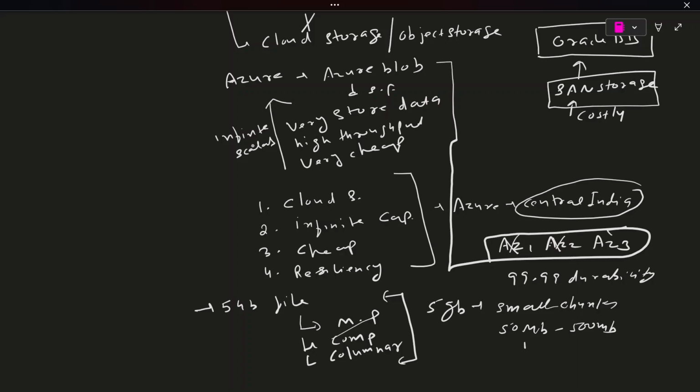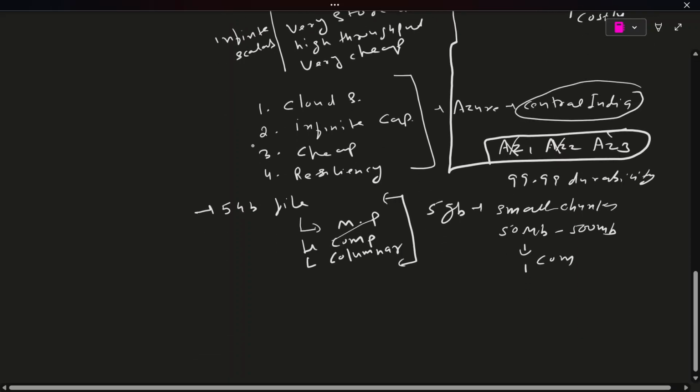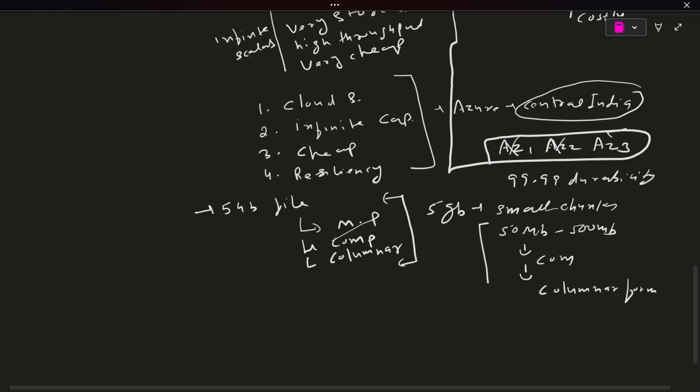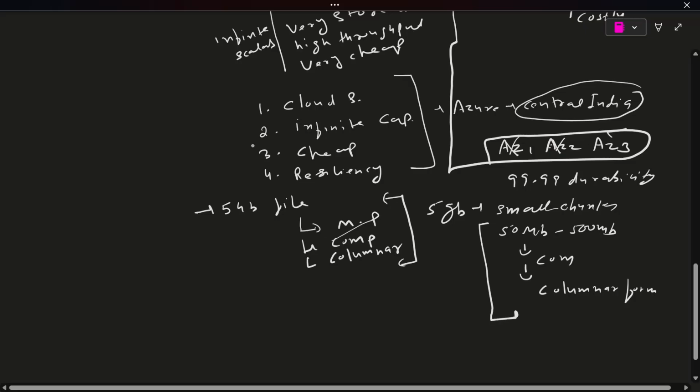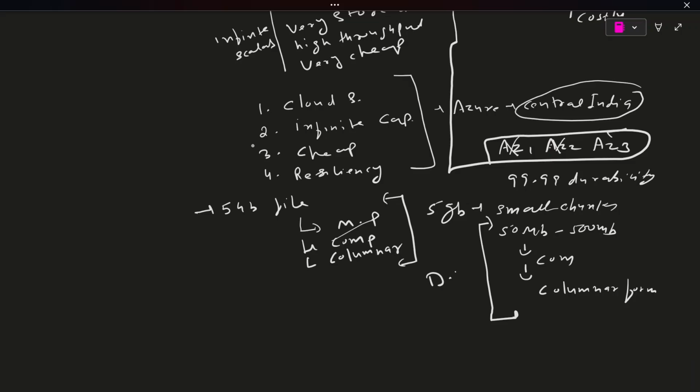Then it will compress them and store them in a columnar format. All these three things combined make Snowflake ideal for your data warehousing scenario.